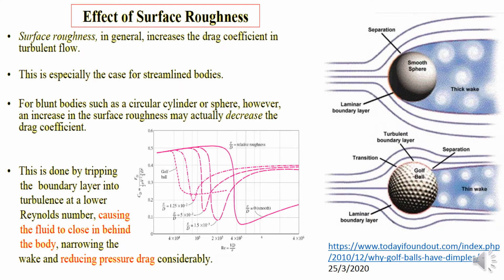This is explained by the figure on your right-hand side: the top figure is for the smooth surface, and the bottom one is the golf ball. You can see the wake region for the smooth sphere is larger compared to the wake of the golf ball. So this is the reason why the drag coefficient is reduced significantly at the same Reynolds number.